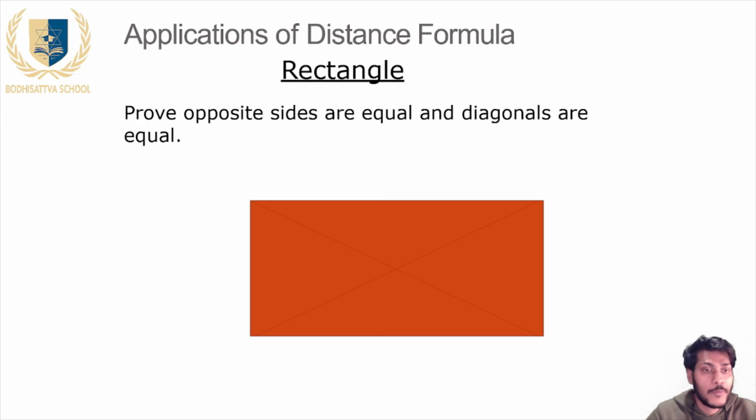We know the property of a rectangle is opposite sides are equal, and also diagonals are equal. So if we are able to find that opposite sides are equal and diagonals are also equal, then this shape will be a rectangle.